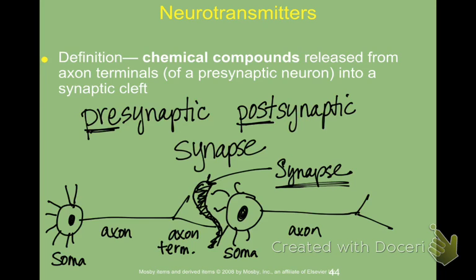So that space there. So this would be the presynaptic neuron. And this would be the postsynaptic neuron. See? Presynaptic neuron, postsynaptic neuron. So it's across that space that these chemicals are released, and the whole point of the action potential traveling down is that when it gets to the axon terminals, they're stimulated to release those chemicals.